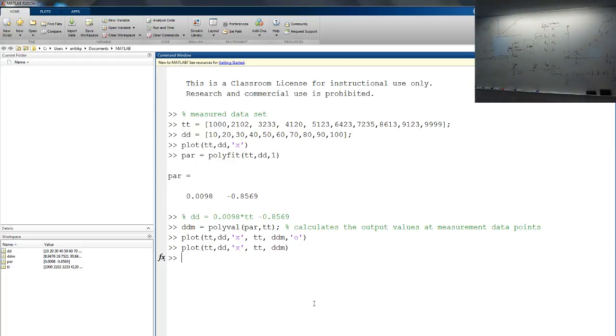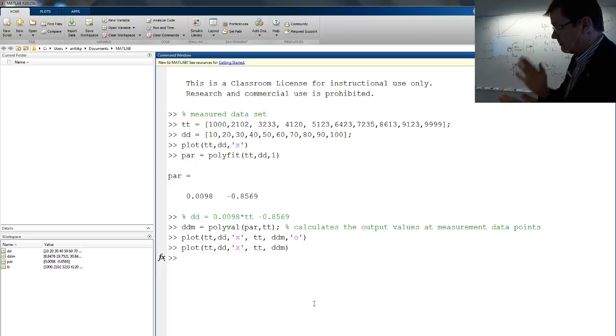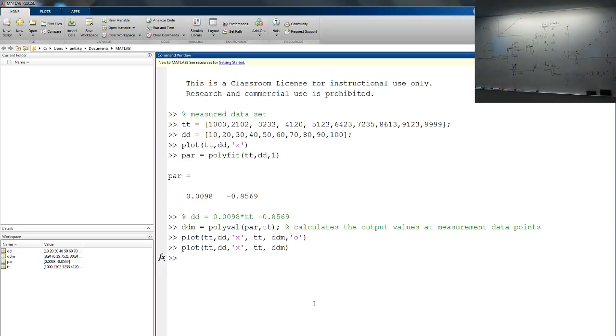Meaning, what is the difference between the measured data points and modeled data points? What is the deviation of that error? Which would be more or less the same as our accuracy of the system based on this calibration data set, or inaccuracy of the system.